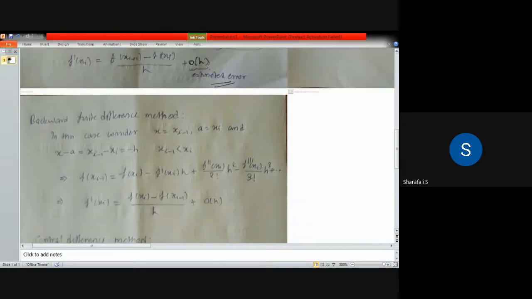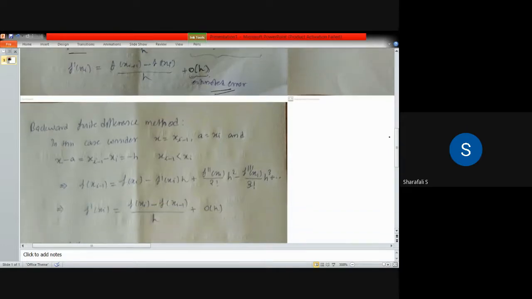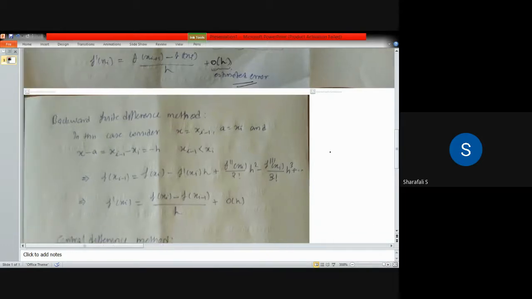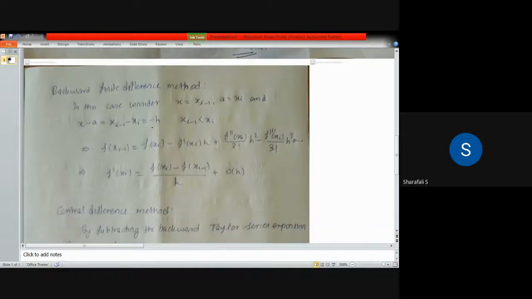Now, if we consider the backward finite difference method, what is this backward and forward difference? We'll explain that here. In the backward finite difference method, we'll consider x equal to xi minus 1 and a equal to xi, and x minus a equal to xi minus 1 minus xi. In the forward difference method, this was xi plus 1. Here it is xi minus 1 minus xi.